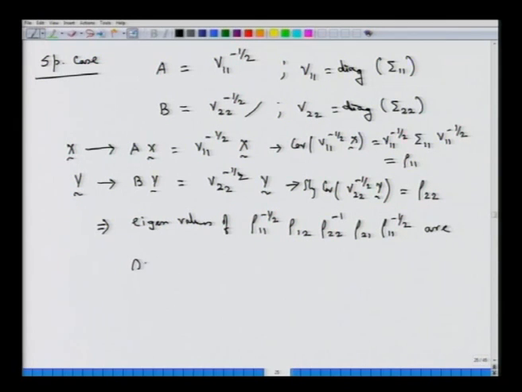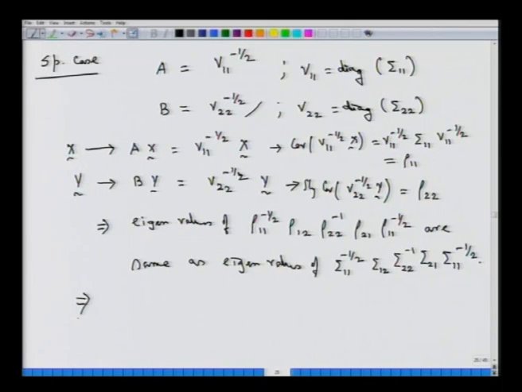These are the same as the eigenvalues of sigma 11 to the power minus half, because this is what is that Ax matrix and By matrices, eigenvalues, and this is sigma 11 to the power minus half, sigma 12, sigma 22 to the power minus 1, sigma 21, sigma 11 to the power minus half.